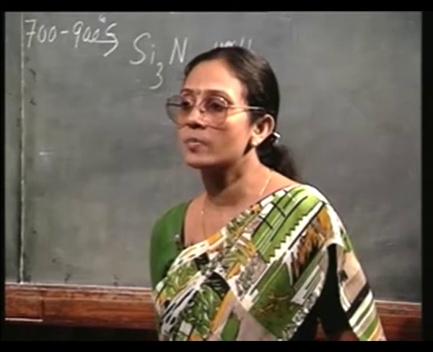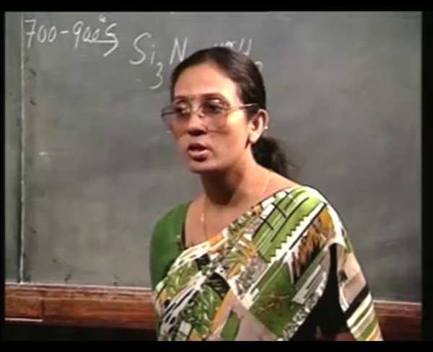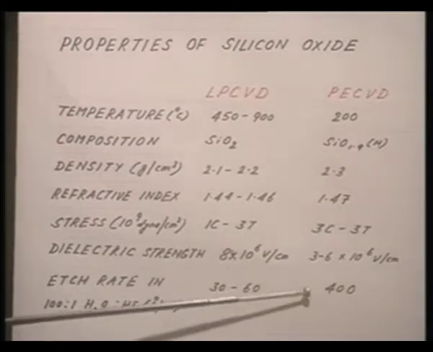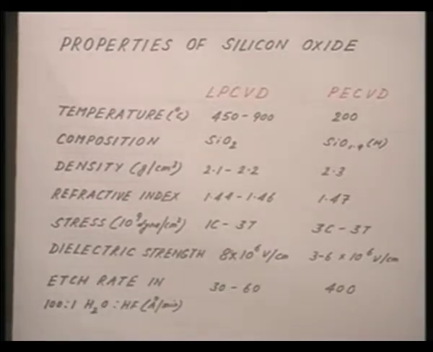In case of plasma enhanced chemical vapor deposition, however, we have a rather lower dielectric breakdown strength. And another significant difference is seen in case of the etch rate. Here we have projected the etch rates in hydrofluoric acid diluted in water, okay, 1 part of hydrofluoric acid in 100 parts of water.